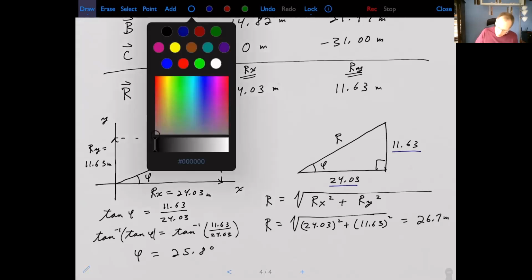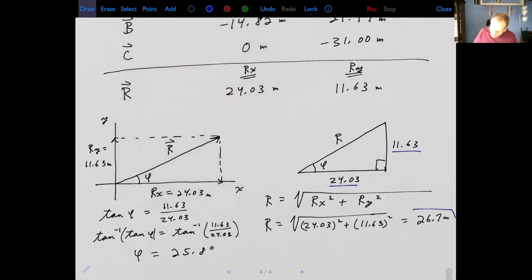So that's my answer. R has a magnitude of 26.7 meters, and it has a direction of 25.8 degrees above the positive x-axis, counterclockwise from the positive x-axis. Okay, great. Hopefully that was mostly review.